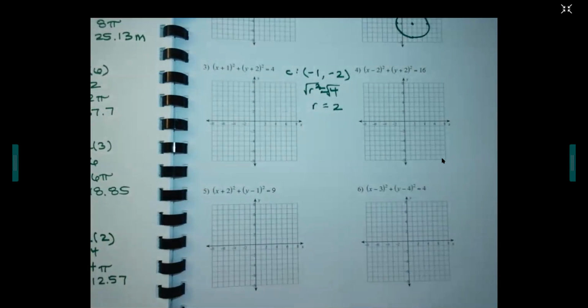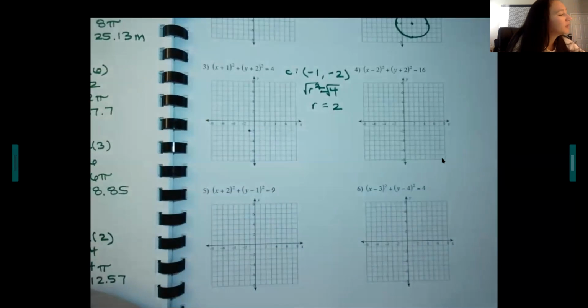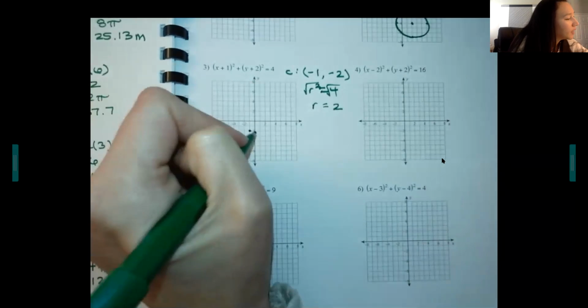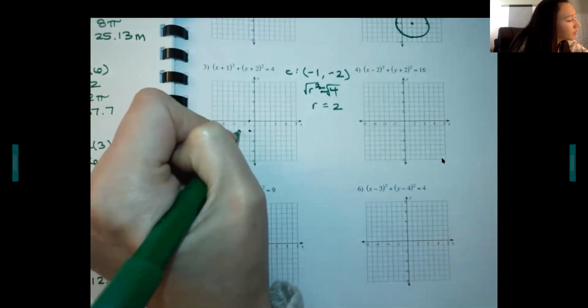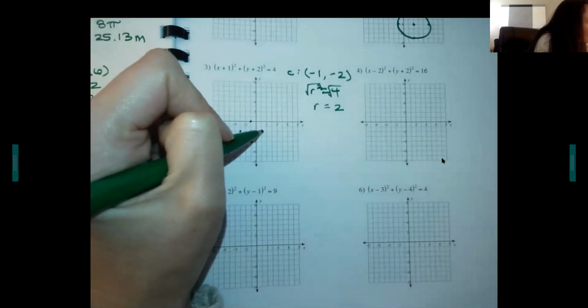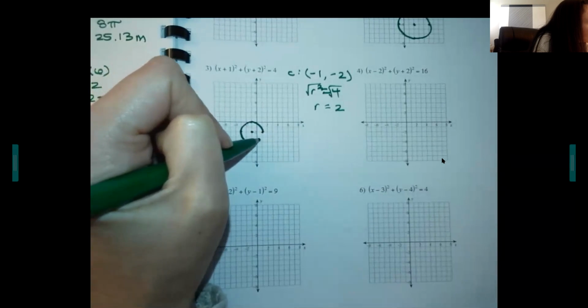Yep. Okay. So we plot -1, -2. And then we'll sketch our radius, which is 2 up, 2 left, 2 right, and 2 down. And we just draw a little circle connecting those points.